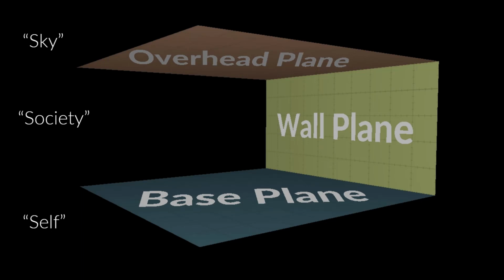We are intimately associated with ground planes. We really have no choice but to be in contact with them all the time because of the force of gravity. In general, they're the planes that we have the most contact with. We touch them constantly. We walk on them.